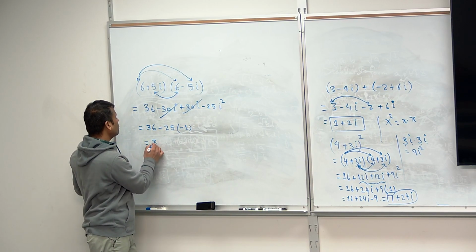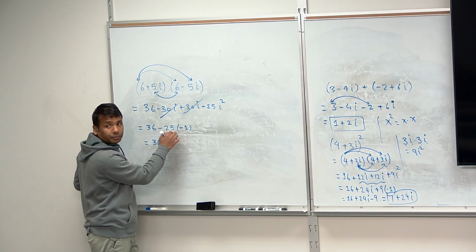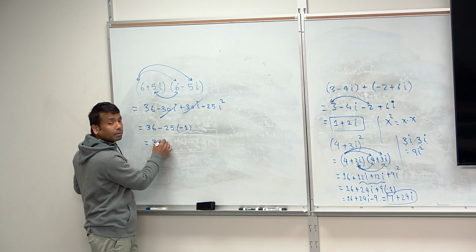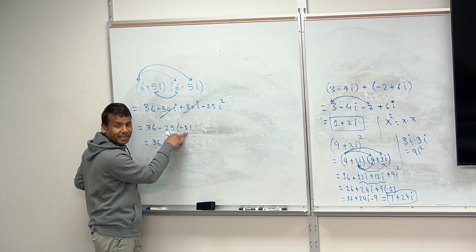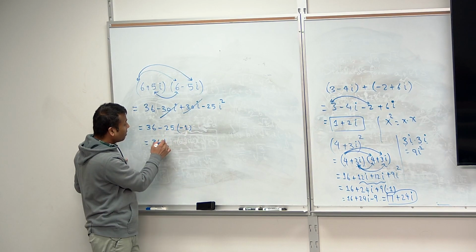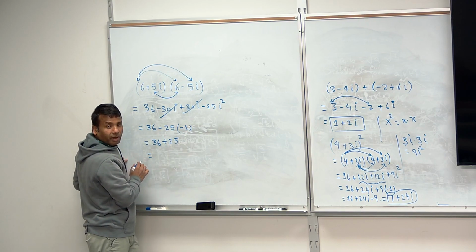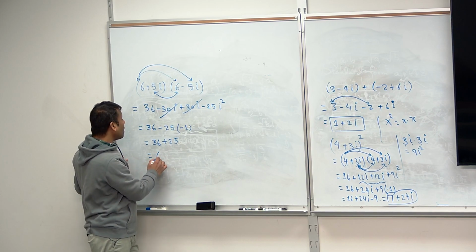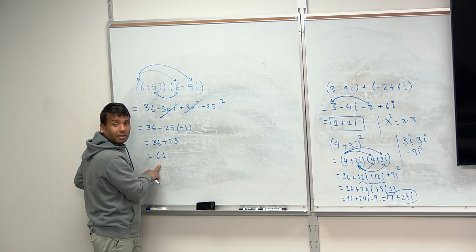So now this is 36 -25 times -1. -25 times -1. What would be that? Positive 25. Is that right? Hey, what is 36 plus 25? 61.